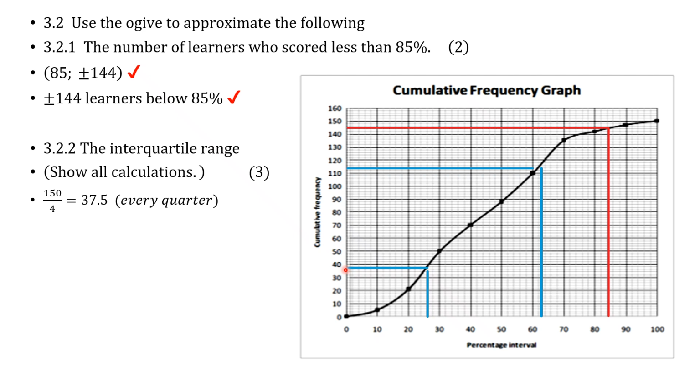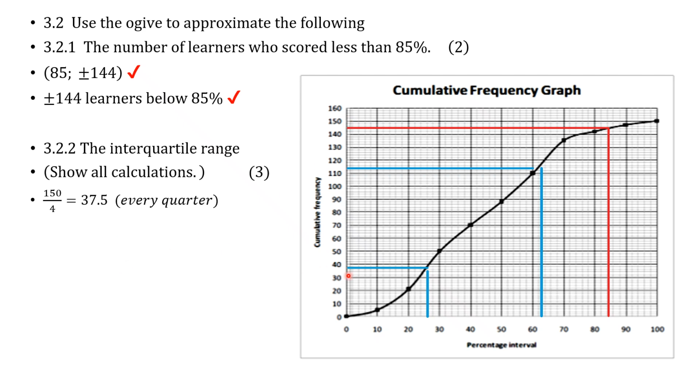If I add another 37,5, I would get to 75 here. That's where quartile 2 would be. And then I add another 37,5. That would give me, I think, 112,5. That is where my third quarter would be. And 150 is the fourth quarter. Right?